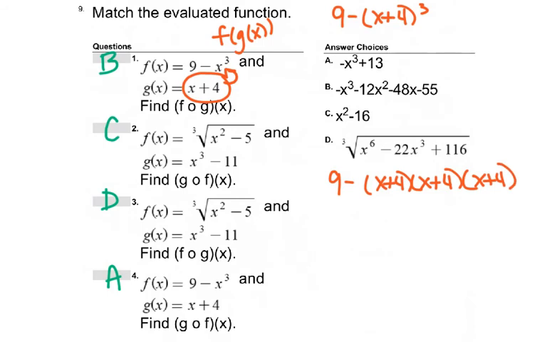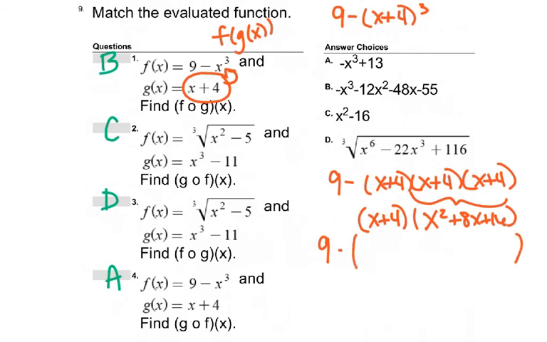So this one's pretty challenging. You're going to FOIL 2 at a time. And then I'm going to distribute the next one. So cubed plus 12x squared plus 48x plus 64.